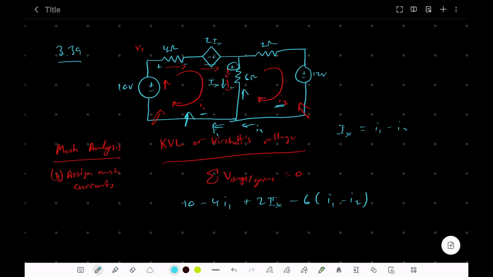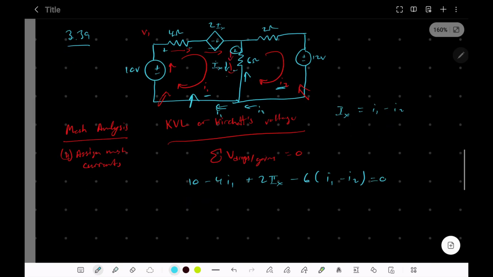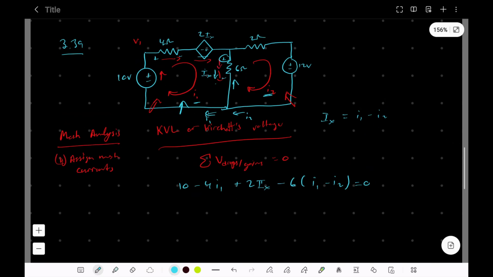And so now all these drops are going to be equal to 0, and so that's our first KVL equation for the first loop. For the second loop, there's going to be a negative 12 volt drop, and then minus 6 I2, that's the drop because of I2, and then the opposing current is going to be I1.